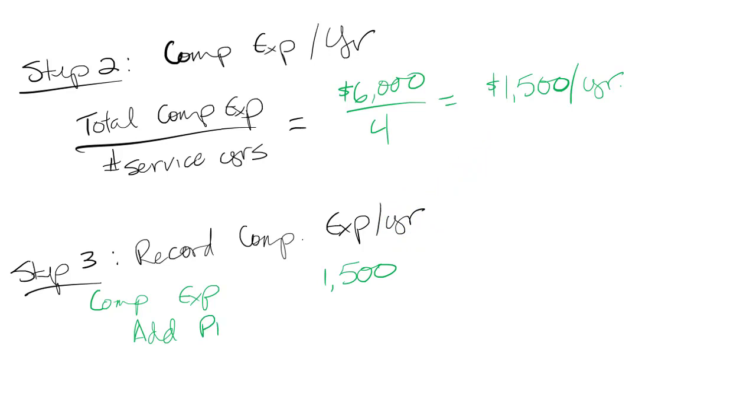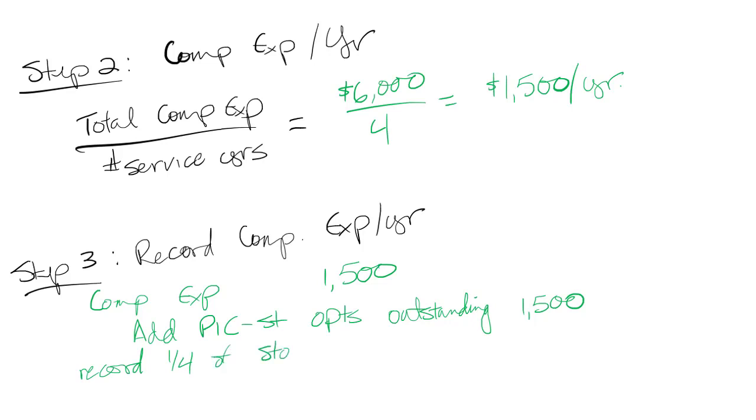Credit additional paid in capital, stock options outstanding. This is to record 1/4 of stock option compensation from year 1. It's an adjusting entry. I would make it every year for 4 years.